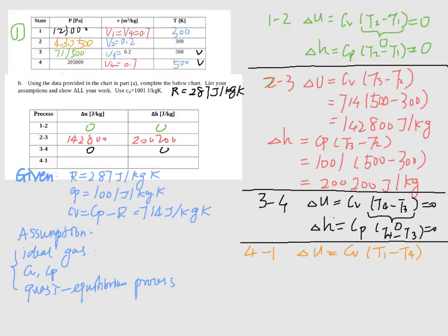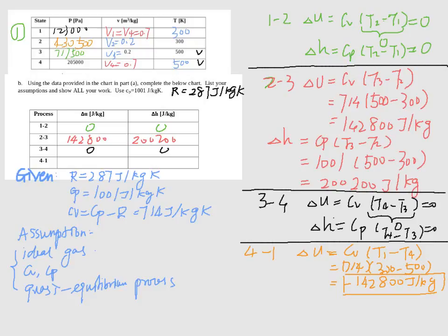The final minus initial. Cv is 714 times T1, 300, minus T4, 500, which gives us negative 142,800 joule per kilogram. Be very careful with the sign here. We have a negative.